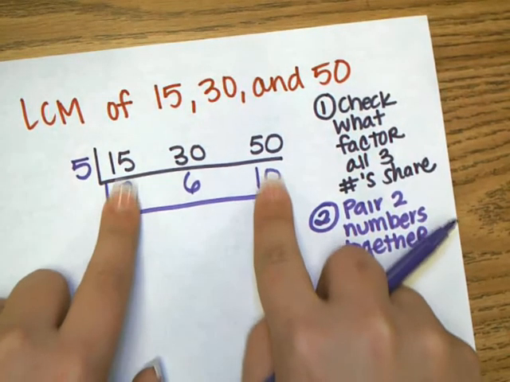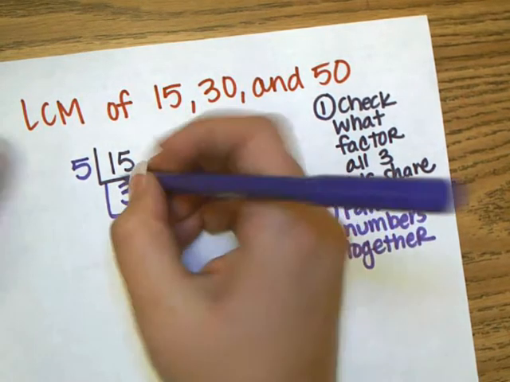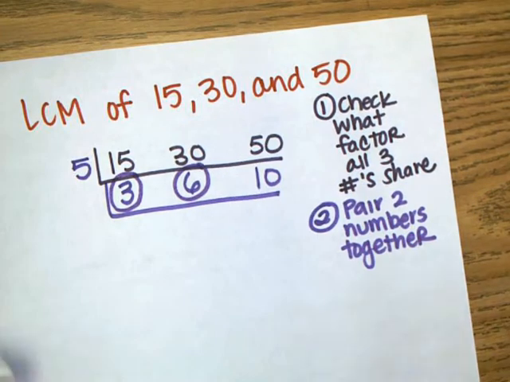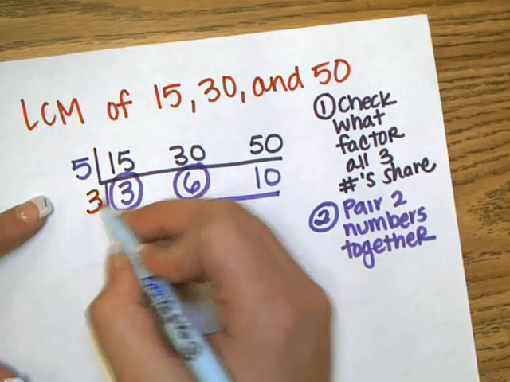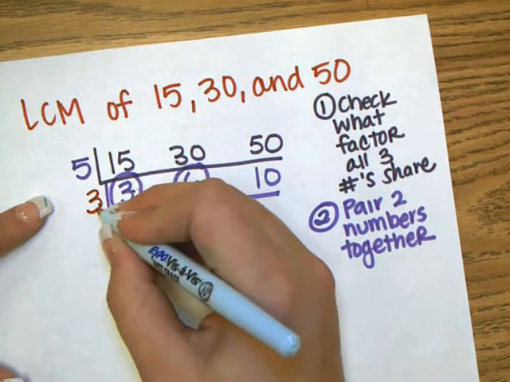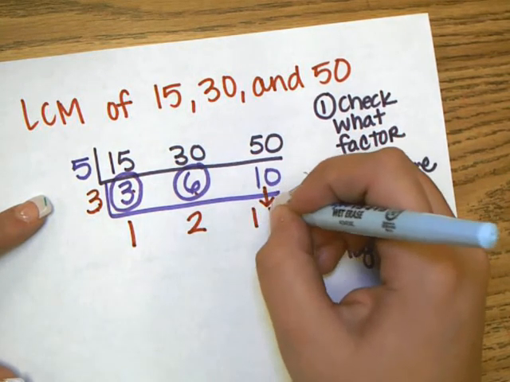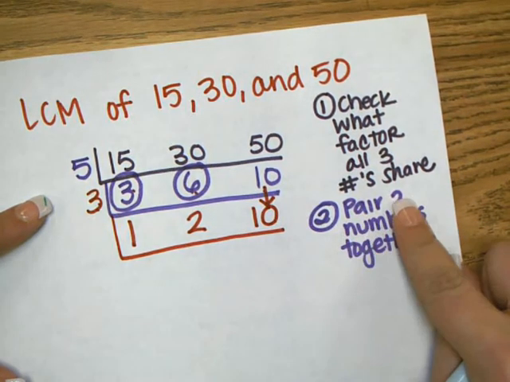It doesn't matter which two I pair up, but I can't pair 3 and 10 because they have no common factors. So I'm going to pair up the 3 and the 6. A number that goes into 3 and 6 would be 3. 3 goes into 3 once, 3 goes into 6 twice, and then the 10 is just going to get brought down.